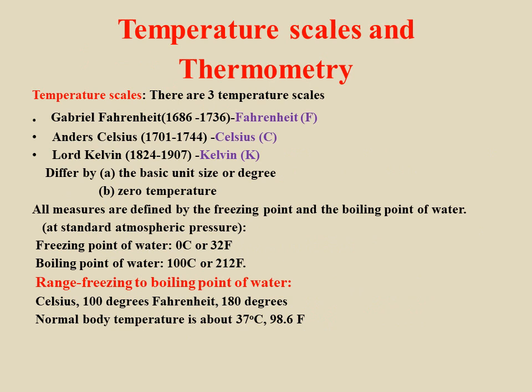Temperature scales and thermometry. There are 3 temperature scales: one by the scientist Gabriel Fahrenheit, with symbol F; Anders Celsius, with symbol C; and Lord Kelvin, with symbol K. These 3 scales differ by A, the basic unit size or degree, and B, zero temperature.